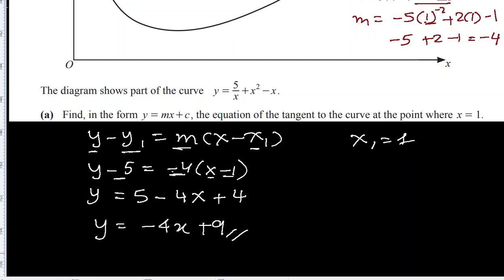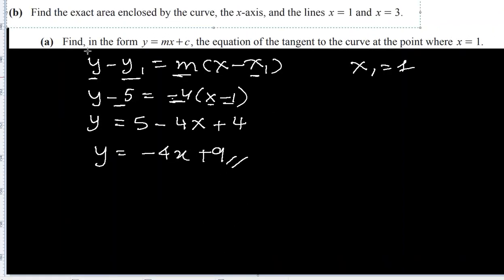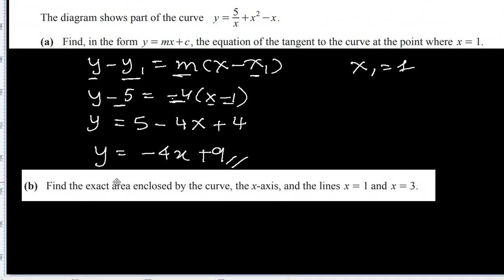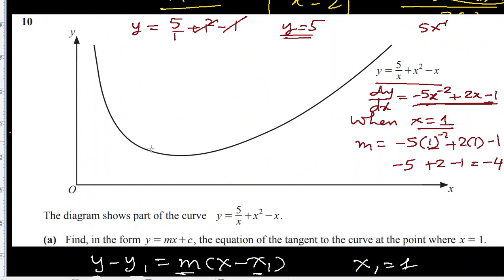This one has another part also, which is this. Find the area enclosed by the curve, the x-axis and the lines x equal to 1 and x equal to 3. Let's go to the drawing here.